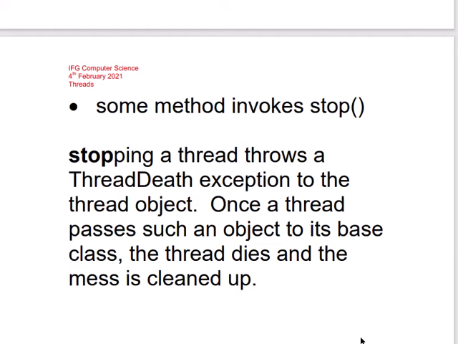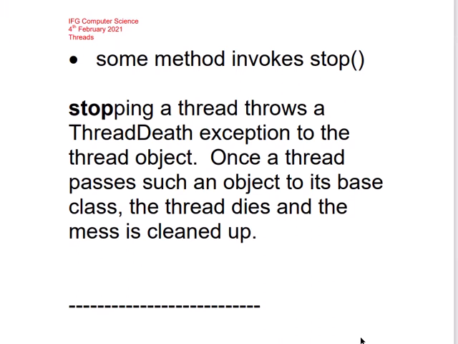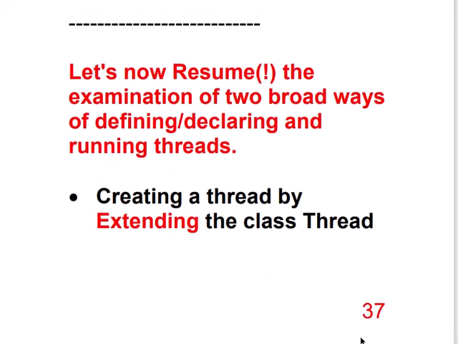Once a thread passes such an object to its base class, the thread dies and the mess will then be cleaned up. The details aren't too important at the moment. We're not likely to want to use the stop method, to deliberately make a thread die, but it's just there for notice.